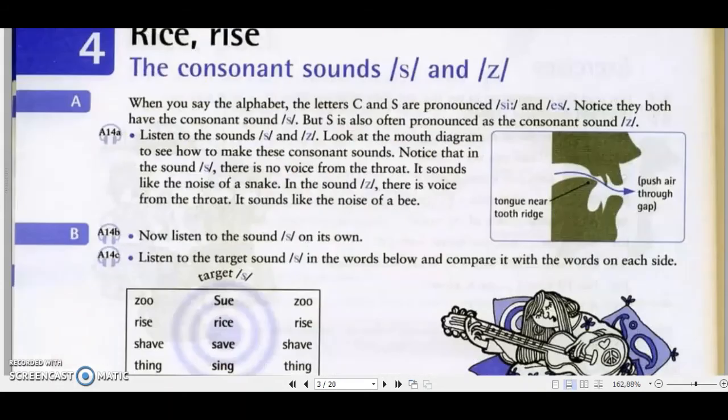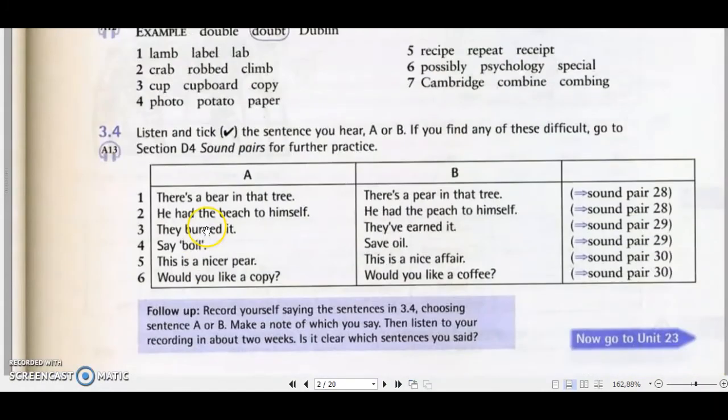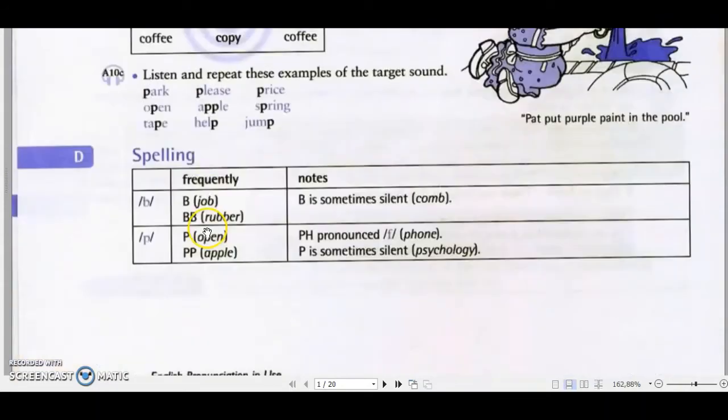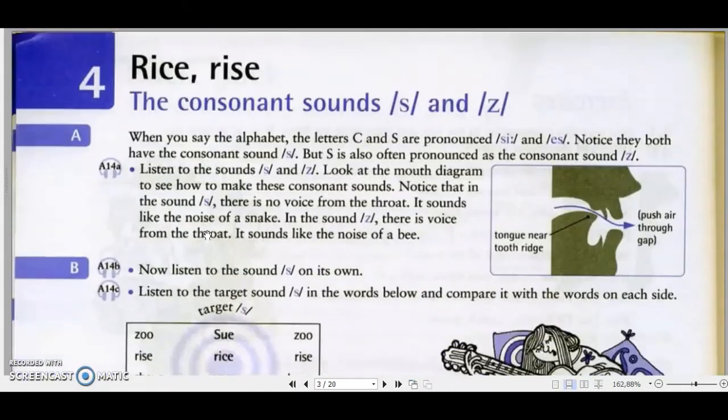As a second task, you have to go to your consonant unit in English Pronunciation. Use the same one you had checked. Remember the unit of the backpack. Okay, in the same unit, you have unit 4, rice and rise, in which you have to see the difference between S and Z. Okay? Zoo, zoo, zoo.